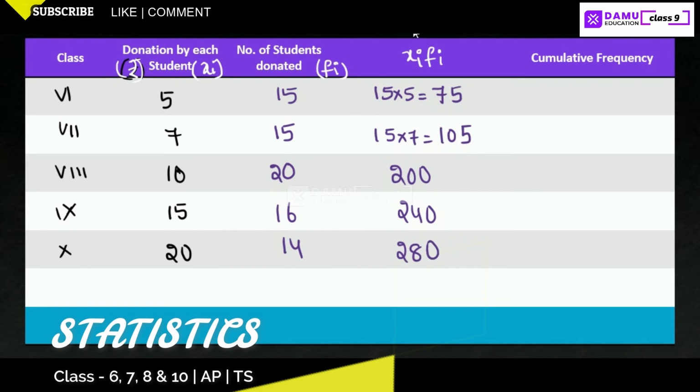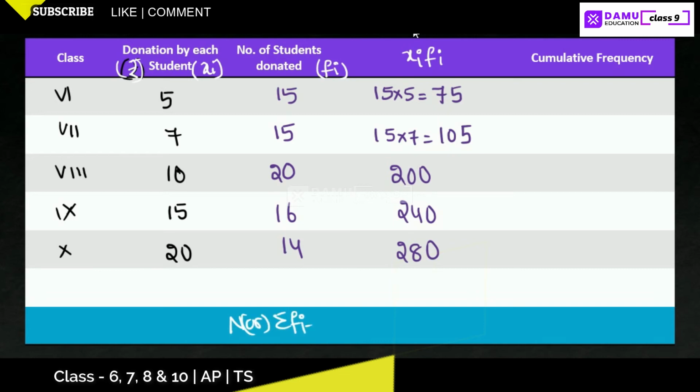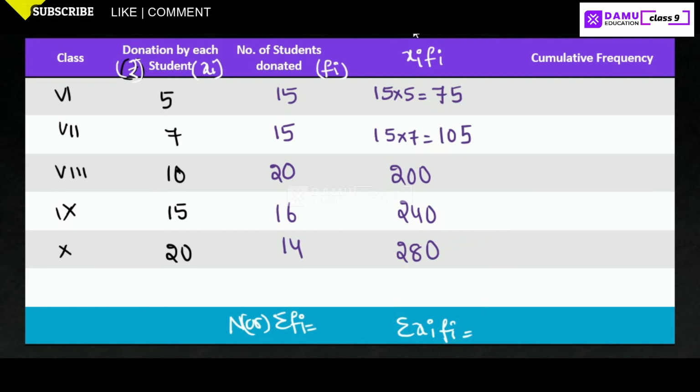So let's take these all. We have to find capital N, the summation of Fi, and this is the summation of Xi Fi. So if you add all these values, 75 plus 105 plus 200 plus 240 plus 280, we will get 900.